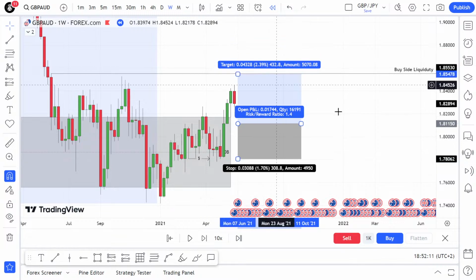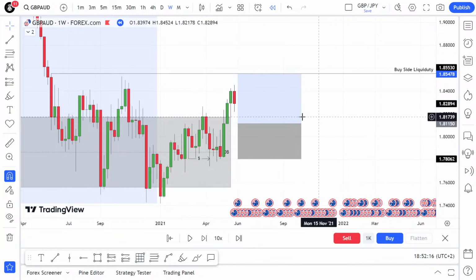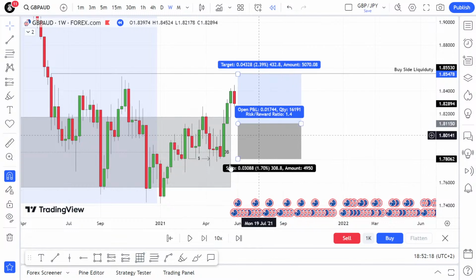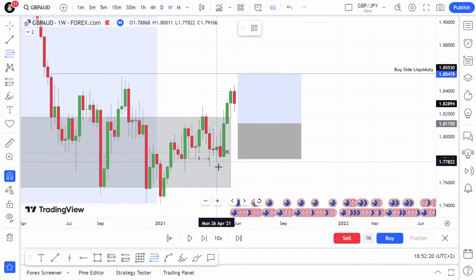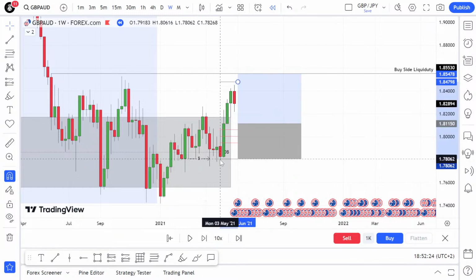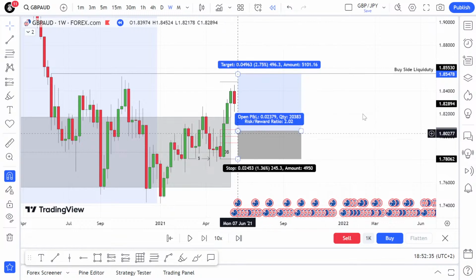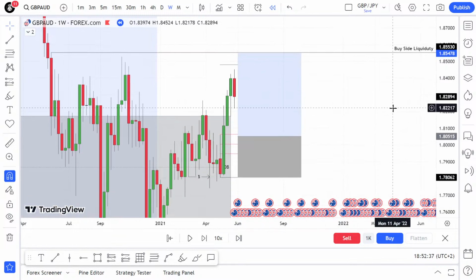Also, your problem in this would be that looking at the risk to reward right now, 1.4 is not good enough. That's why I use my Fib tool, and this would be the low, and I would only enter from the 0.61 and a little bit lower than that to get the 2R, which I deem as important for me.